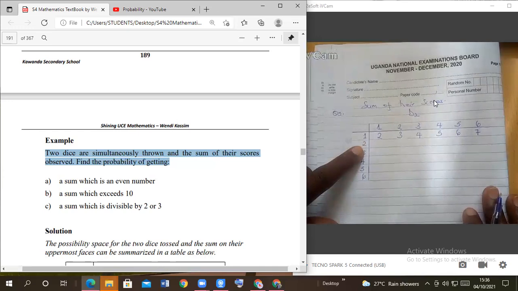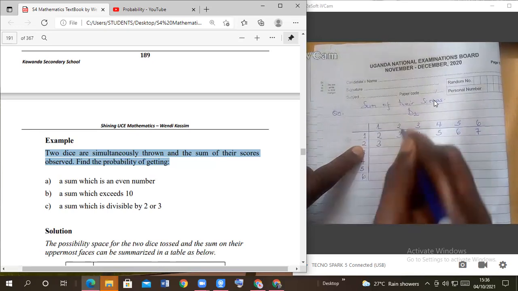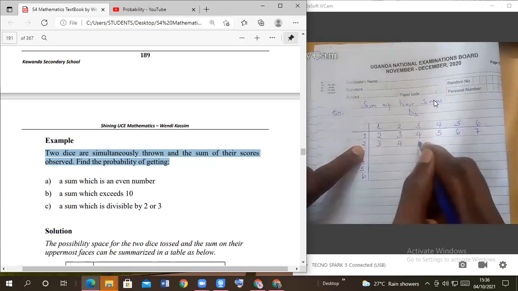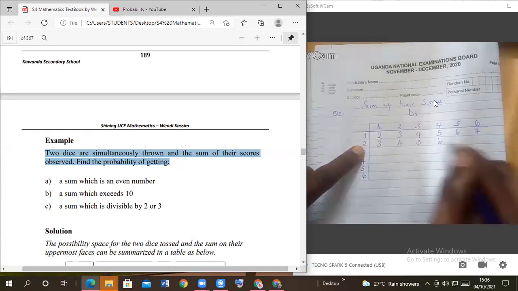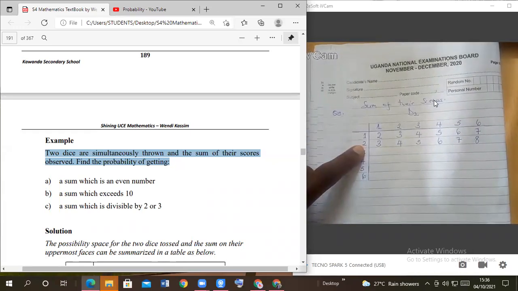Members, are you seeing that? Then 2 plus 1, we get 3. This will give us 4, 5, 6, 7, 8. Are we together?